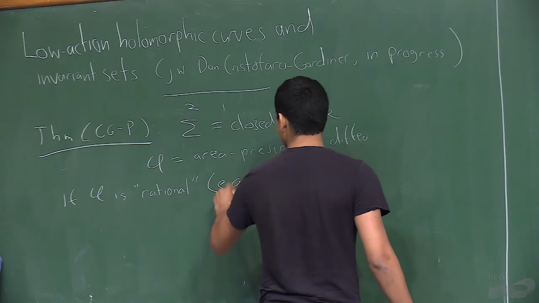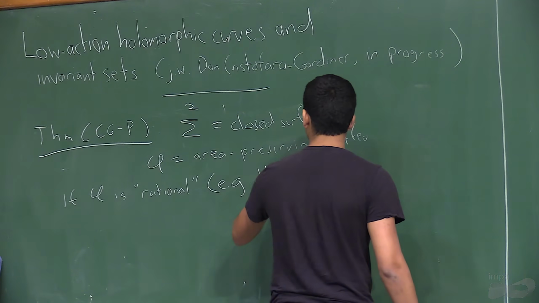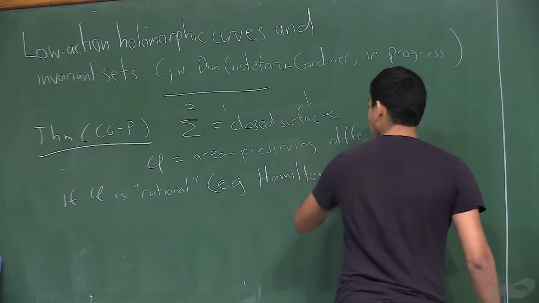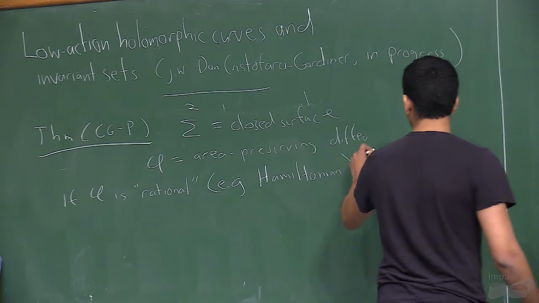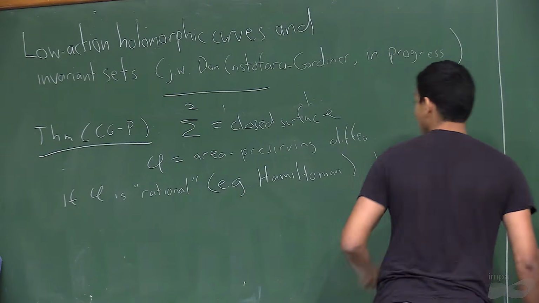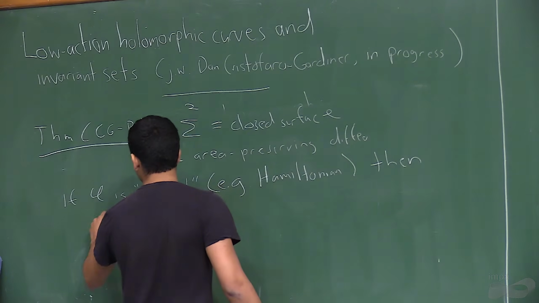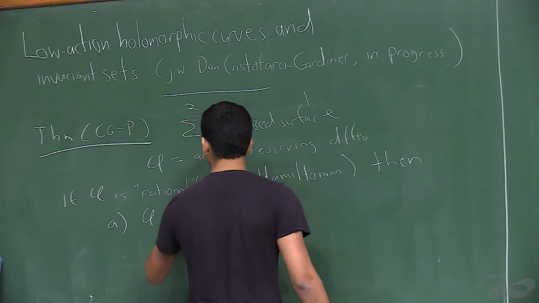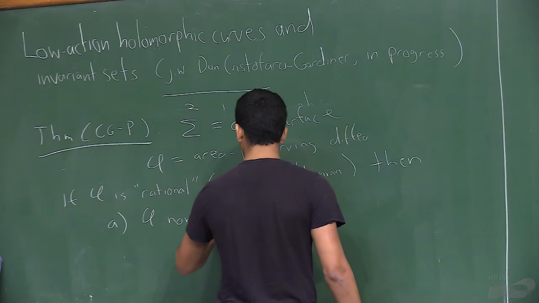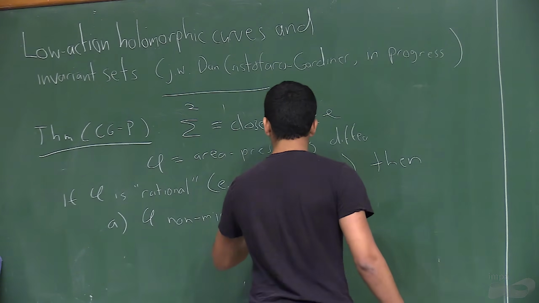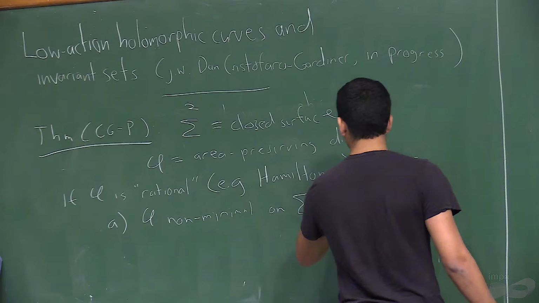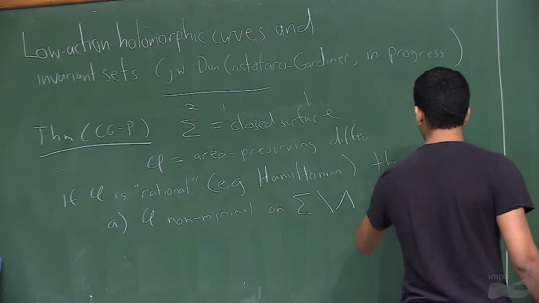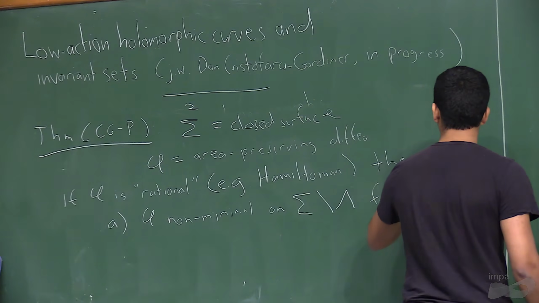In particular, it includes the Hamiltonian diffeomorphisms. Then we have the analog of Salazar's results. So first of all, phi is non-minimal on sigma minus lambda for any compact invariant lambda.